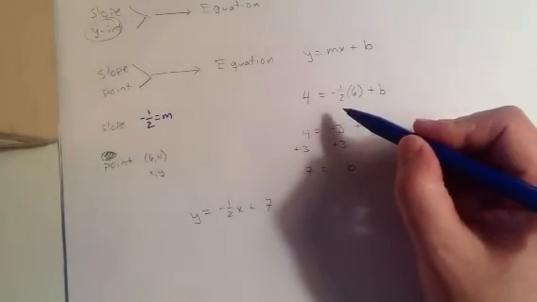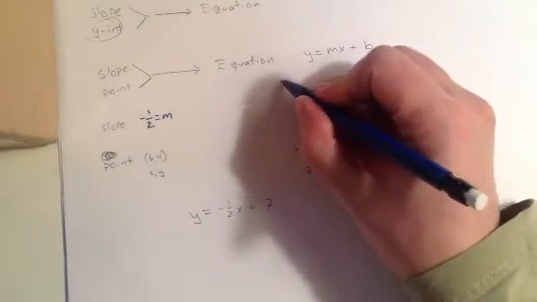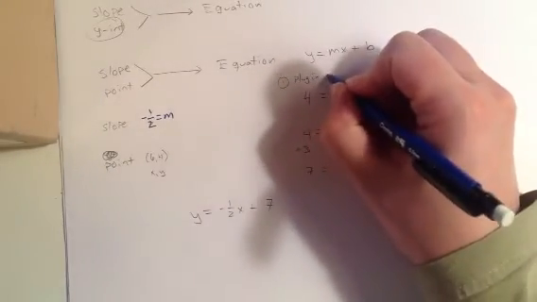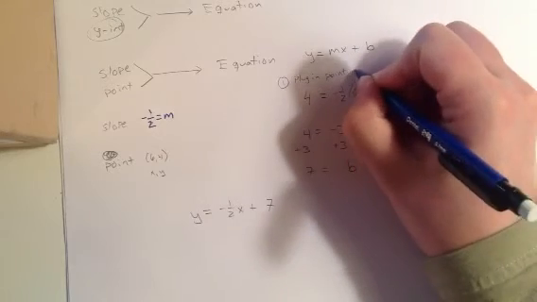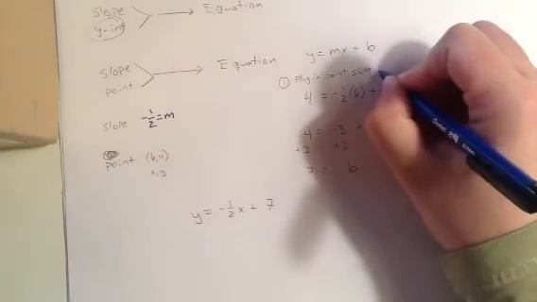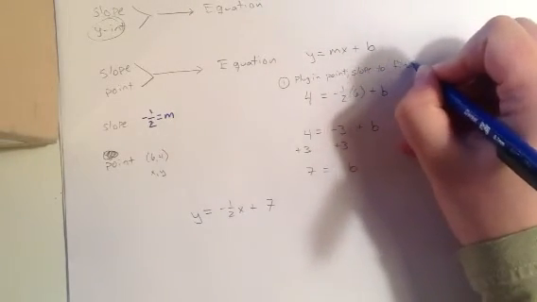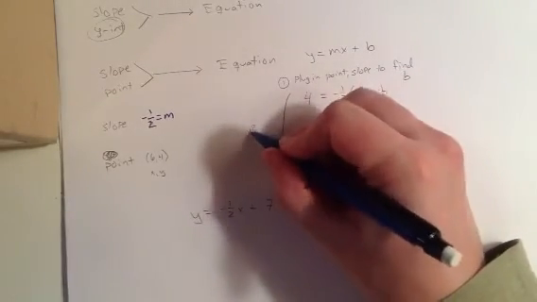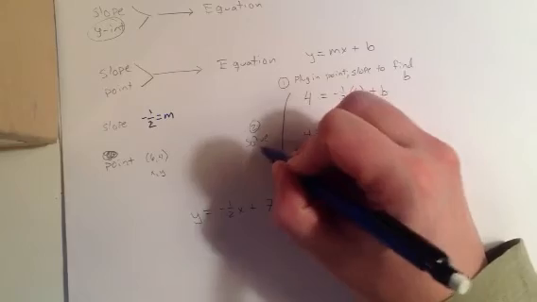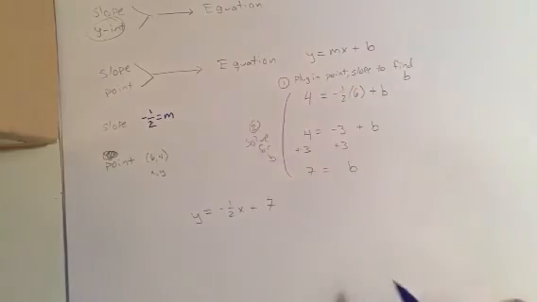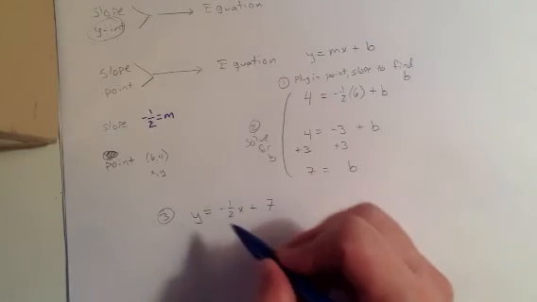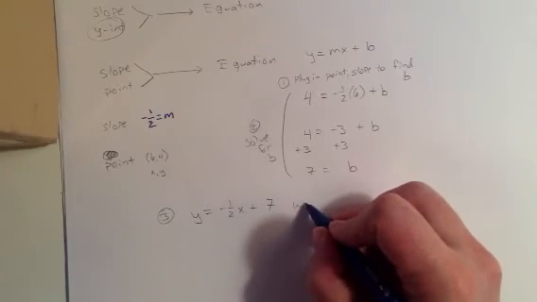So if I were listing the steps here, step 1, plug in the point and the slope to find b. Step 2, solve for b. Step 3 is to do what we actually needed to do to solve the problem, write the equation.